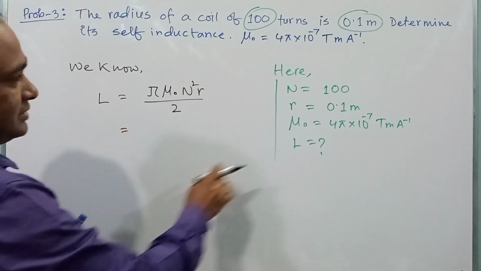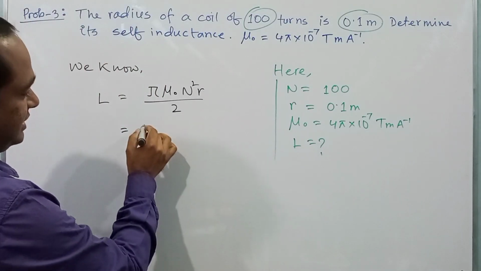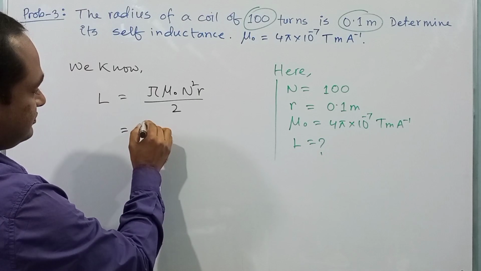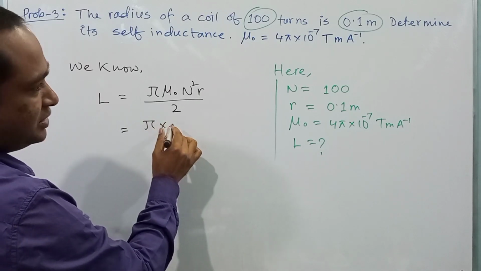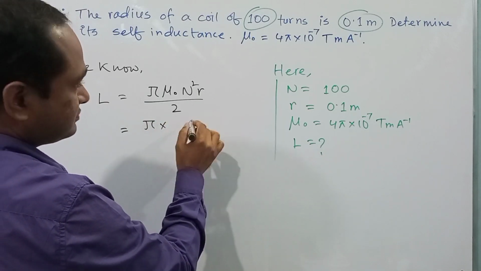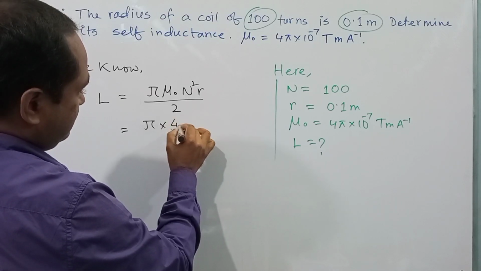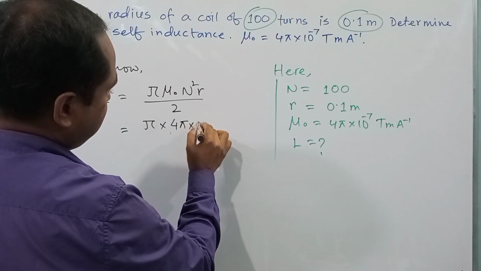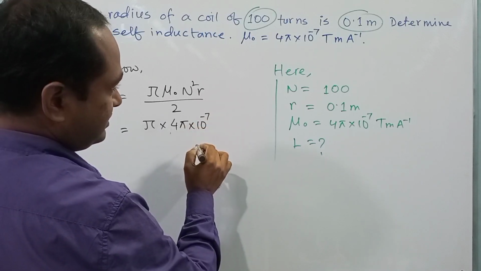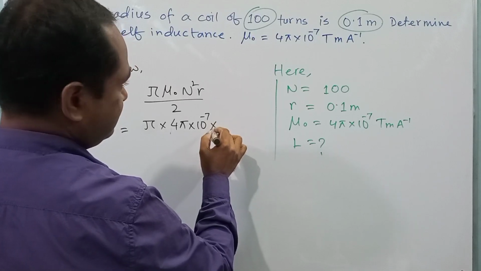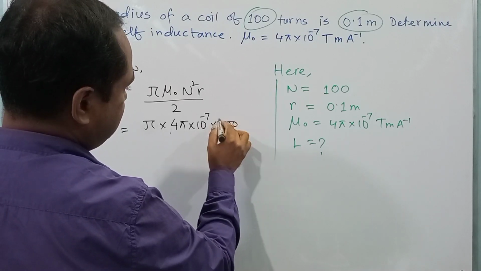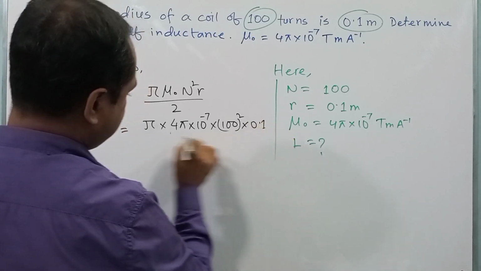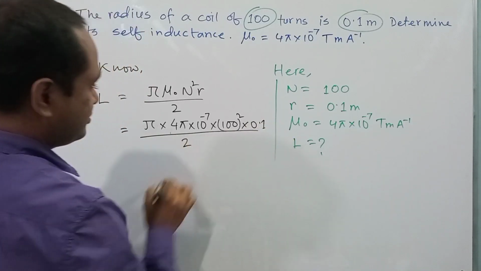So using the values from the right side, pi means 3.14, mu naught means 4 pi into 10 to the power minus 7, multiplied by n square means 100 square, R means 0.1, divided by 2.